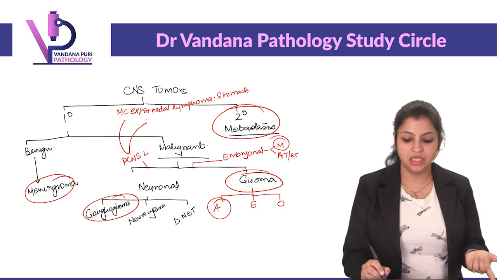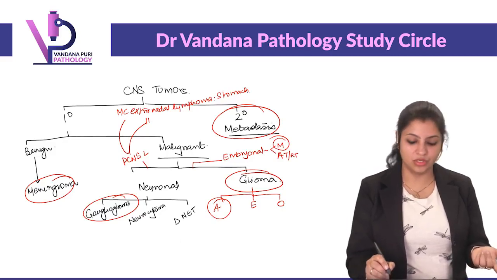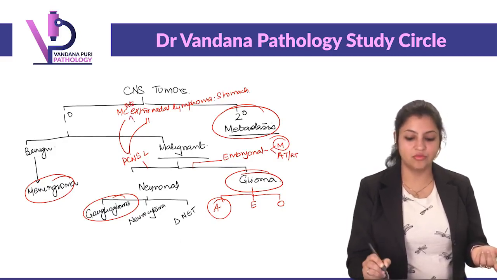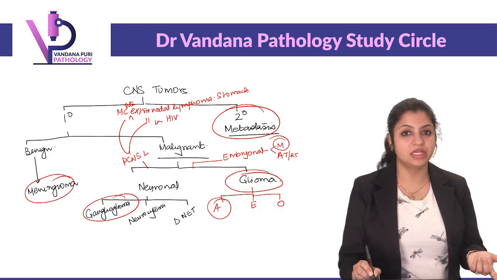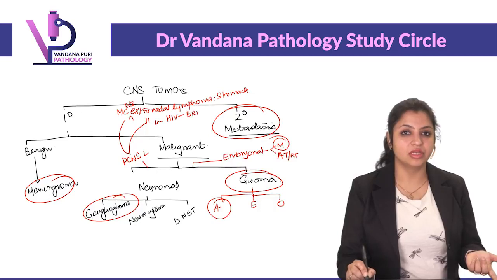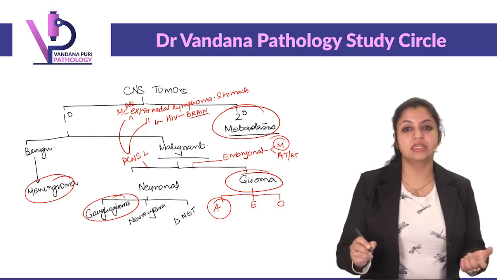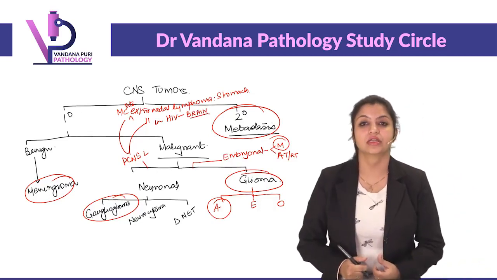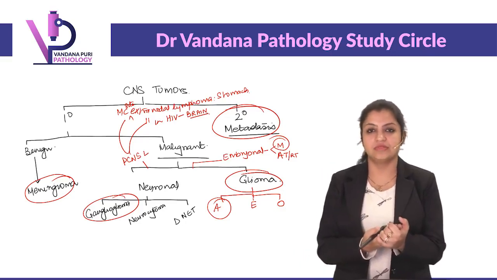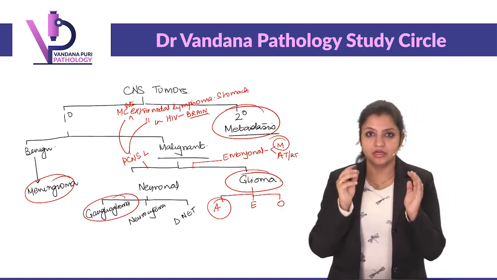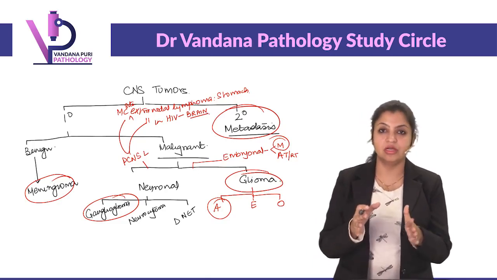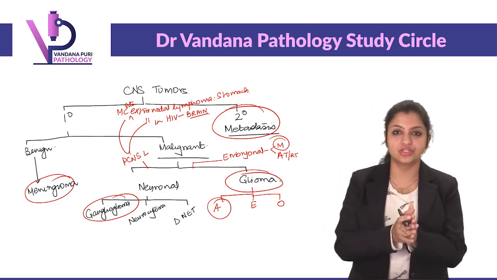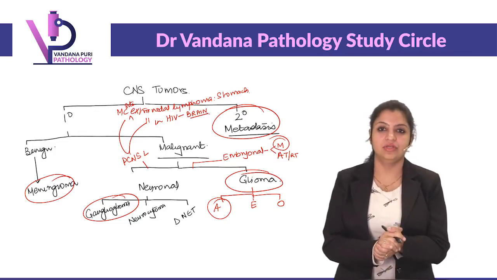But if somebody asks about the most common site of extranodal lymphoma in HIV, it is always the brain. So primary CNS lymphoma usually occurs in HIV positive patients, because the brain is the most common site of extranodal non-Hodgkin lymphoma in HIV patients.